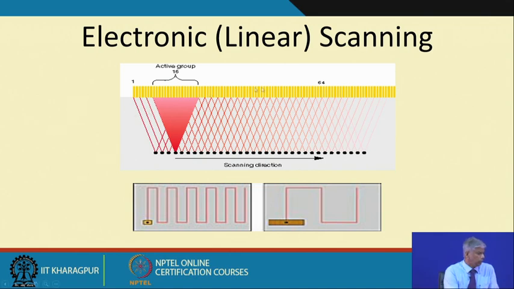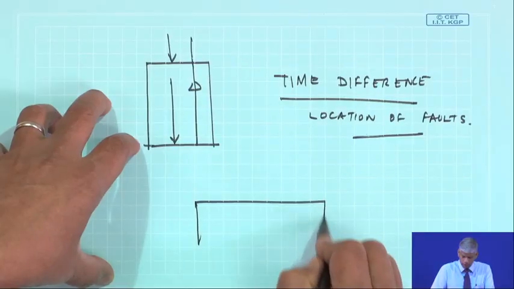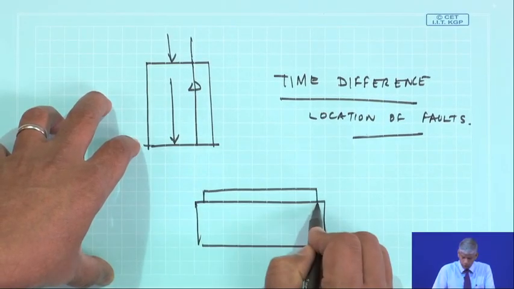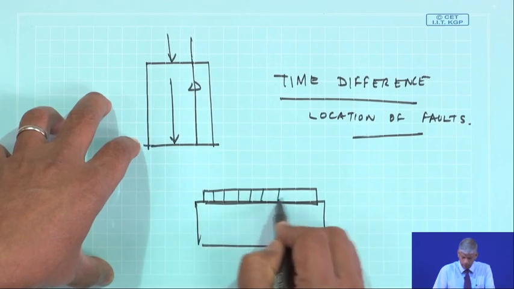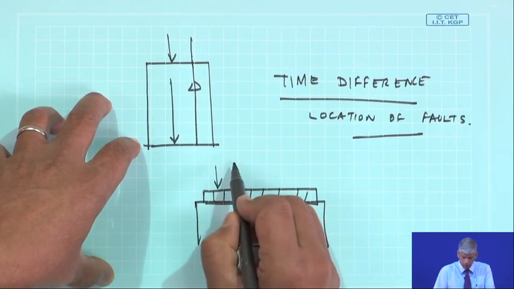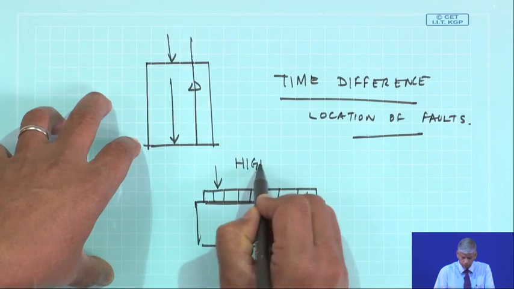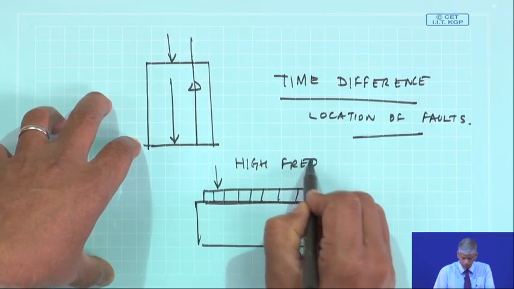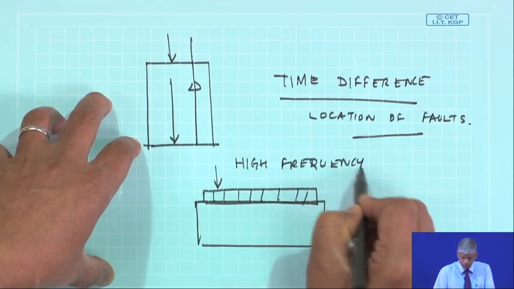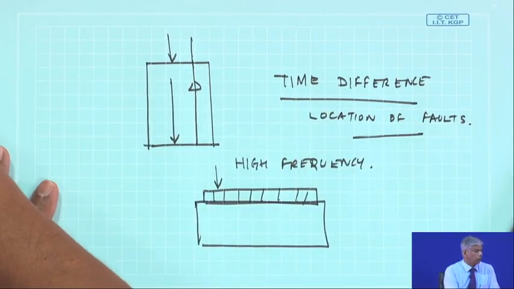I can do a linear scanning, I can have the elements, but then electronically I can give a signal, so that the elements do not move, but I will move the signal of excitation. So, I just place an electronic mosaic of elements on it, do not move anything here, but move the excitation signal, high frequency, and then do a scanning and so on.